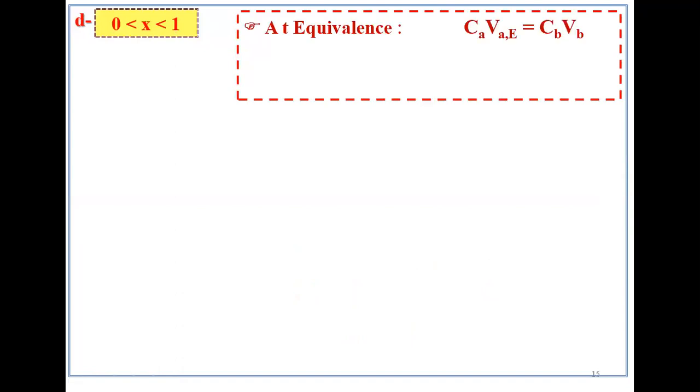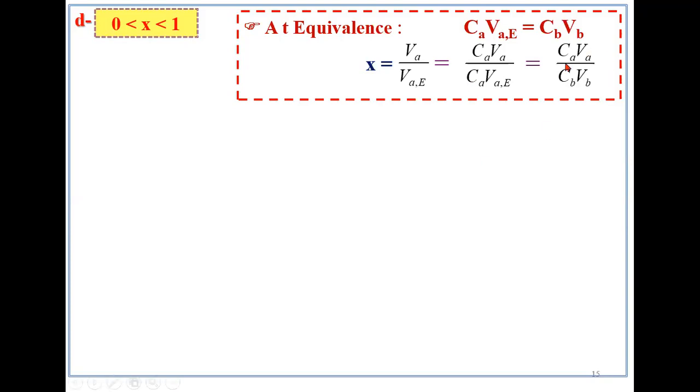Now, again, the derivation in the buffer region in terms of X. So what is my X value in this case? Now it's the volume of the acid divided by the volume of the acid at equivalence. I'm going to multiply by CAVA top and bottom. And why do I do that?